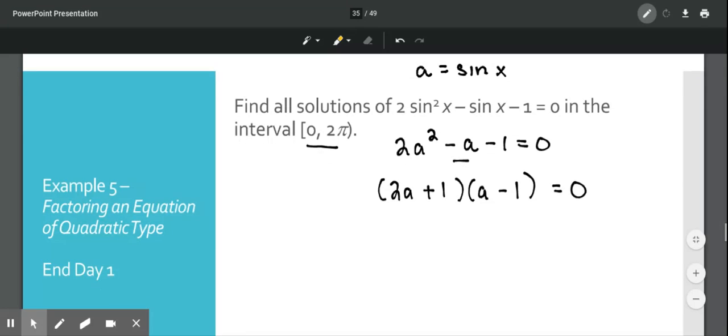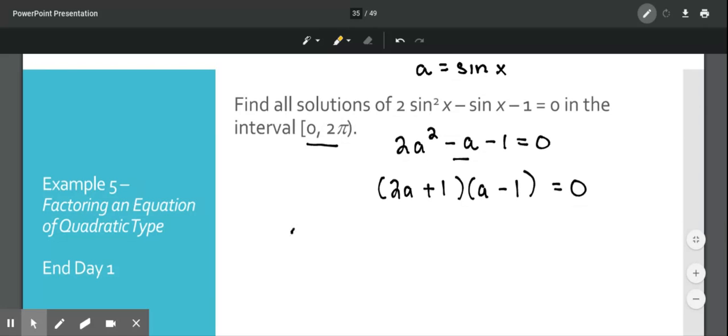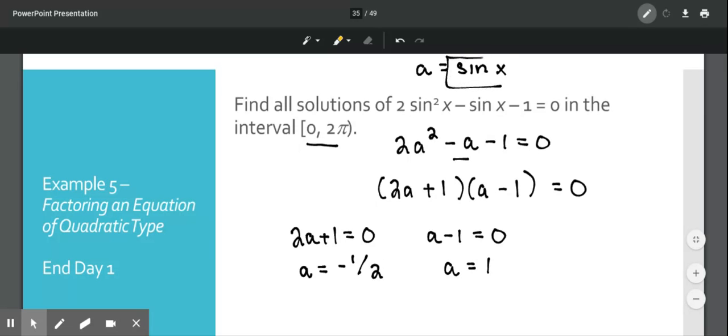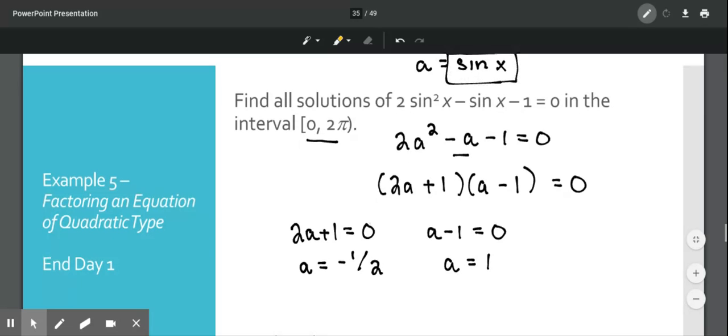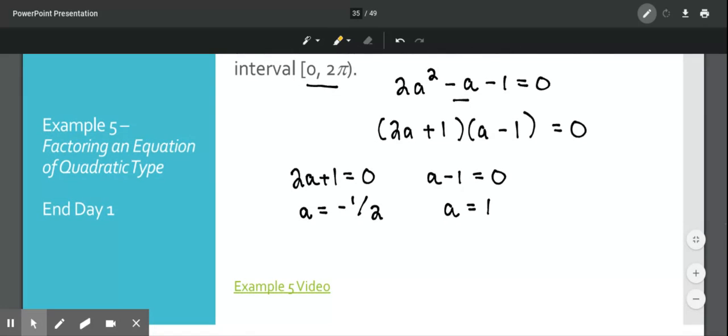Okay. So if we were to set these factors equal to 0, we could say 2a plus 1 equals 0, and a minus 1 equals 0. If we solve for a, a is negative 1/2, or a equals 1. But remember, we substituted a in for the sine of x. So at the end, we need to make sure we go back to that.